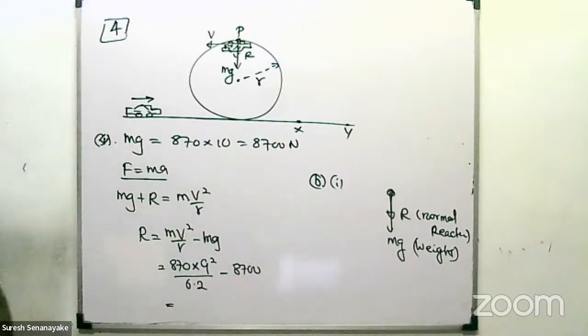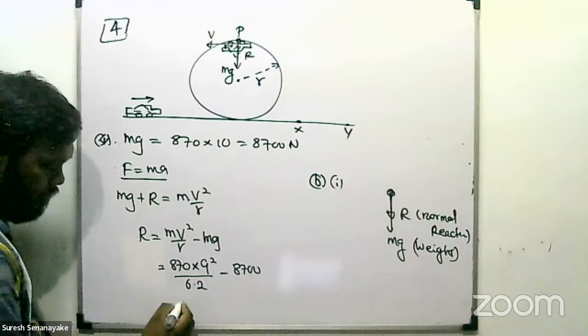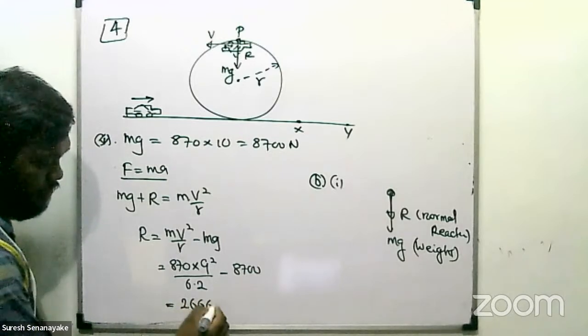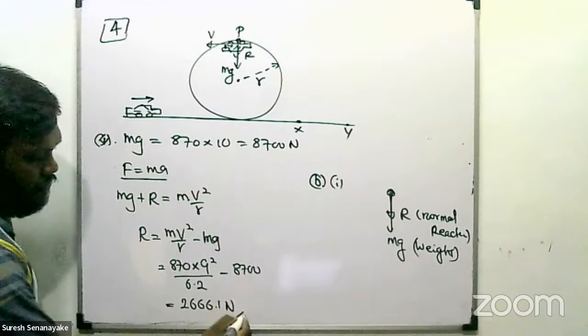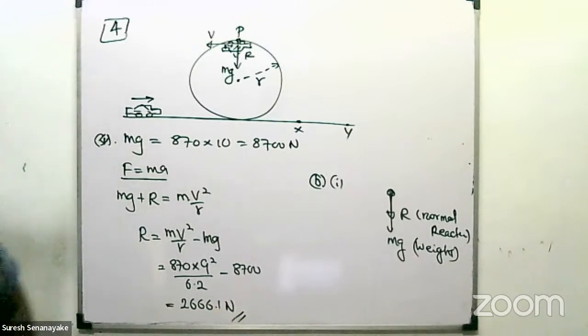Then you can simplify. That is 2,666 newtons. This is the normal force and the weight they asked to calculate.